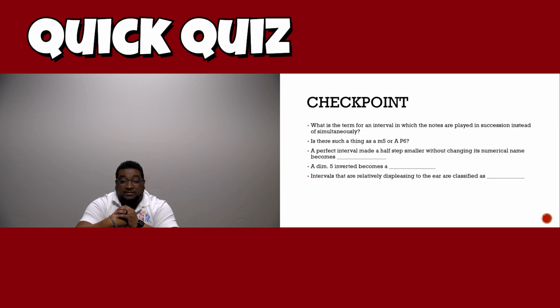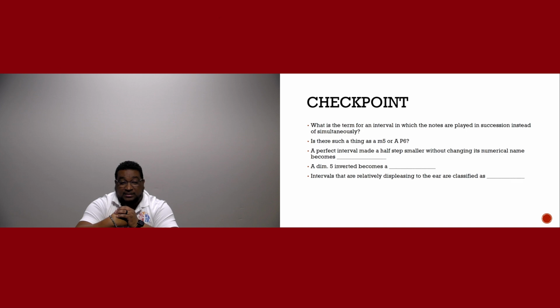Intervals that are relatively displeasing to the ear are classified as what? If the intervals are displeasing to the ear, you may classify them as dissonant intervals. Like a second, it's really not showing perfection.